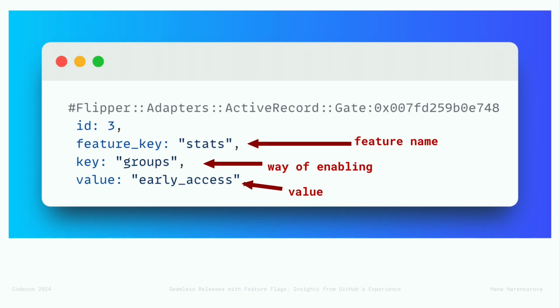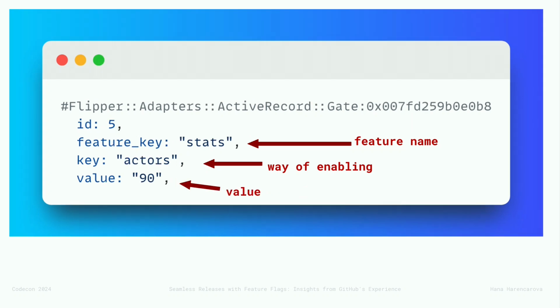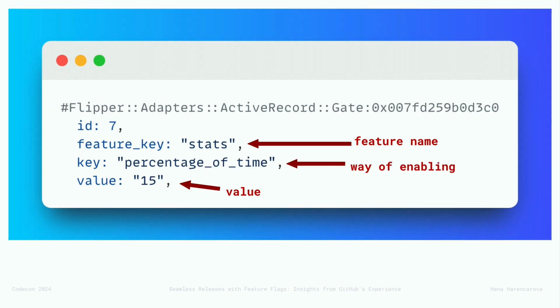It's the same, a groups gate with a different group, early access. And then we have a special gate for actors. For each actor, there would be a gate, with key actors, and the value is now the ID of the user. And then we can have the same for percentage of time and percentage of requests. You get the idea.